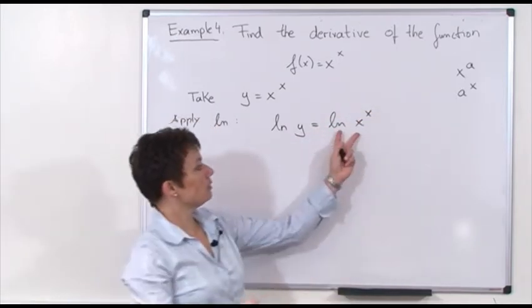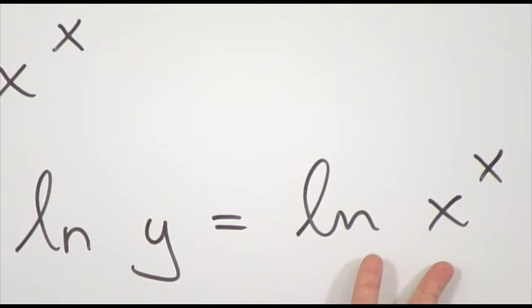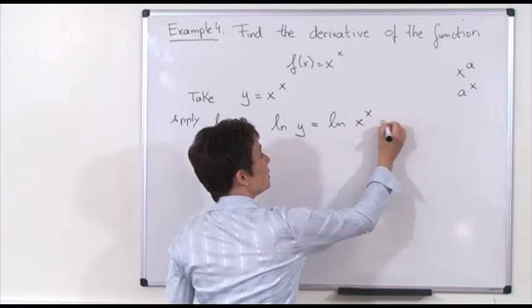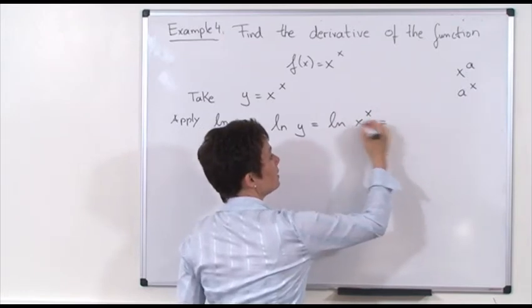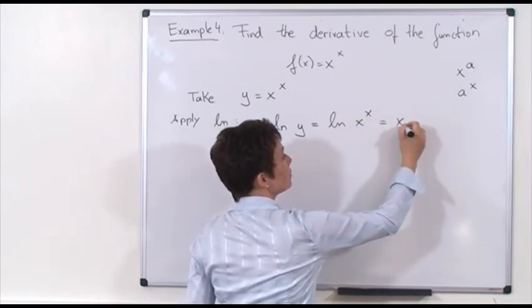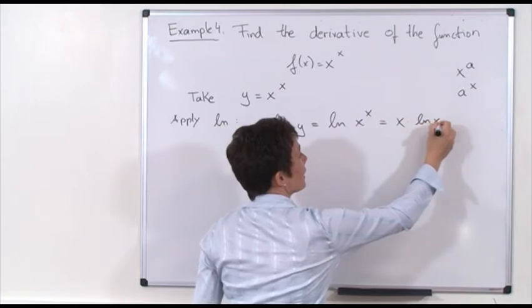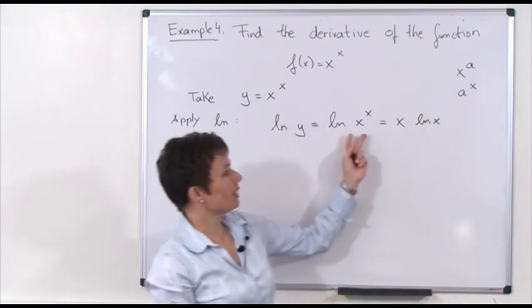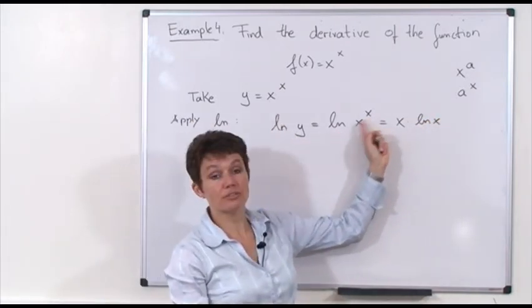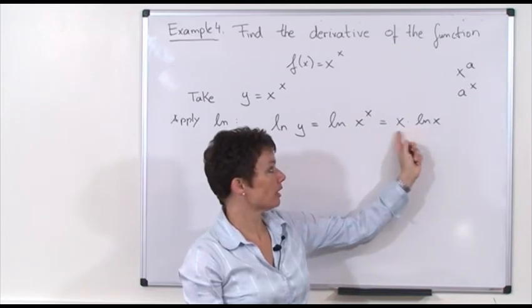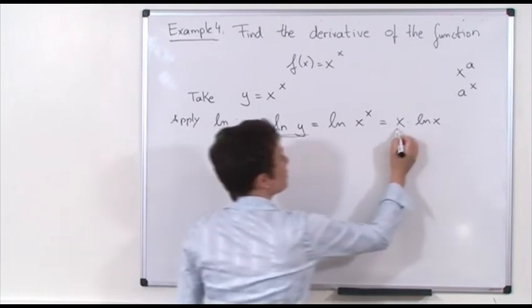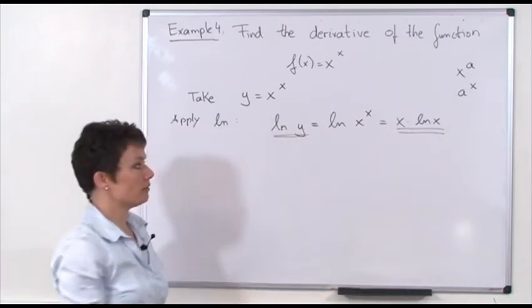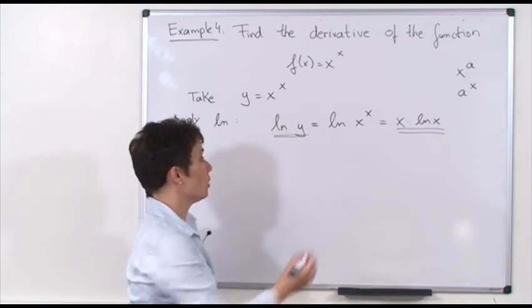And now you see why I did this, because according to the laws of the log, ln of x to the x is equal to x times ln x. So in other words, by applying the ln here, I got rid of this exponential, and I made it a product.